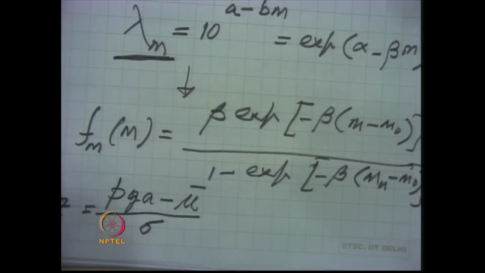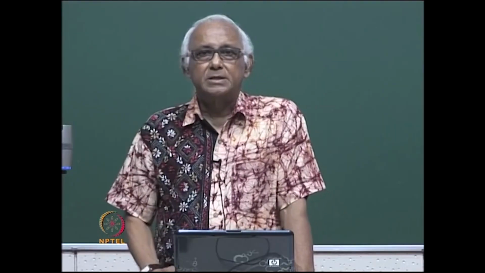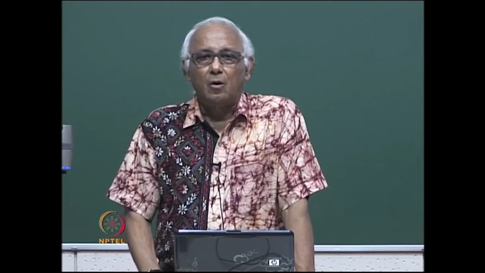Now one can find out this normalized quantity, and since it is assumed that the peak ground acceleration varies log normally, therefore this normalized quantity also varies log normally.